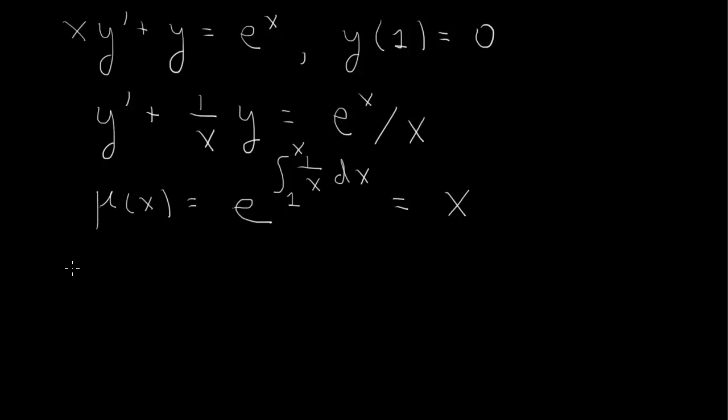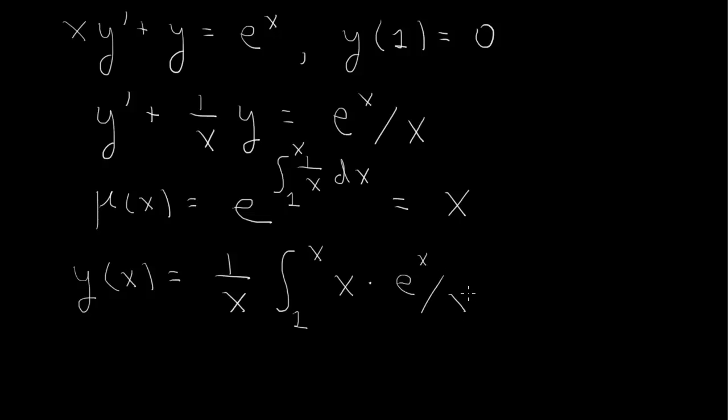And we can immediately write down the formula then for y. Y is equal to 1 over the integrating factor, 1 over x, times y of 1, which is 0 here, plus the integral from 1 to x, the integrating factor x, times the right-hand side, which is e to the x divided by x dx.